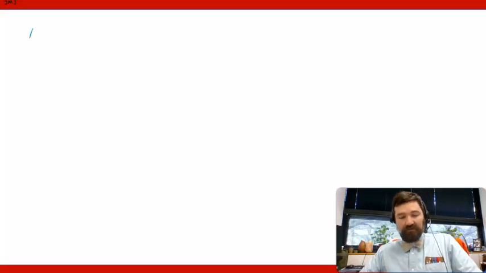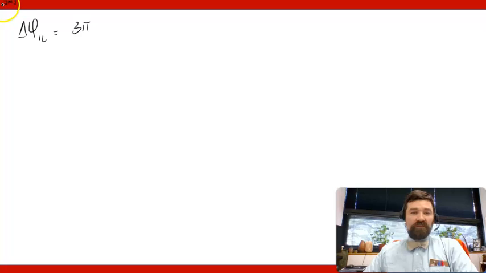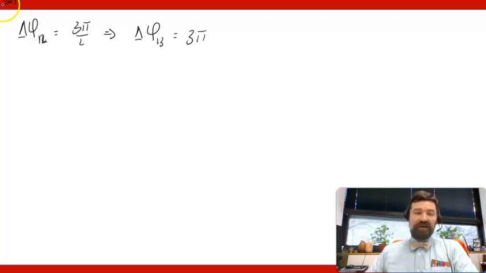Okay, so if I were to do that, that essentially means that I expect if delta phi 1, 2 is 3 pi/2, then that would imply that delta phi 1, 3 is twice that much, which is 3 pi.